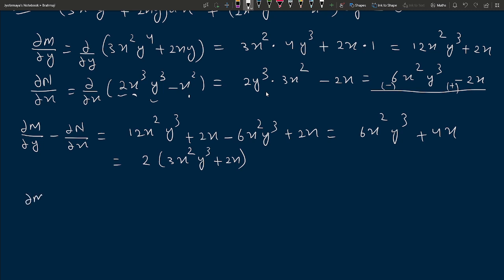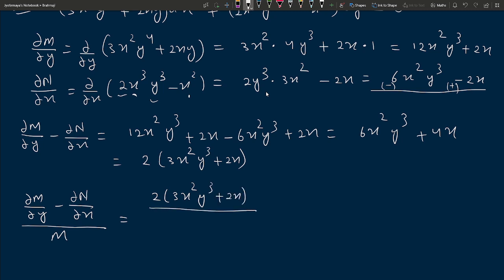Now (del m by del y minus del n by del x) divided by m. Divide by m here. So you will find 2 into (3x square y cube plus 2x) whole divided by m. What is m? M is your 3x square y to the power 4 plus 2xy.